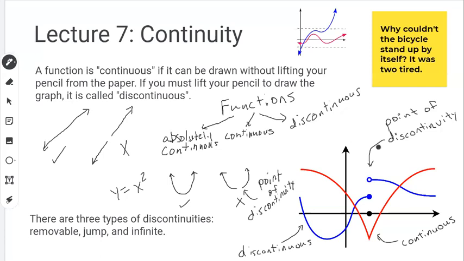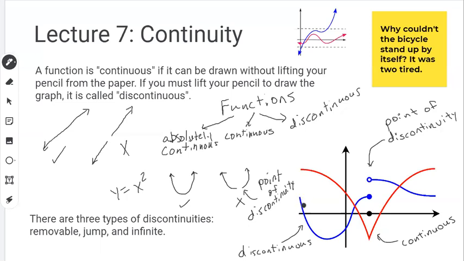So over here on this graph, I have two graphs. I have a blue graph and I have a red graph. Notice that the red graph is continuous because I can draw the red graph without lifting my pencil from the paper. But the blue graph is not continuous. It's actually discontinuous. And why is that?